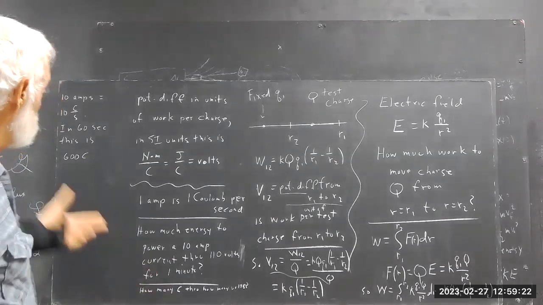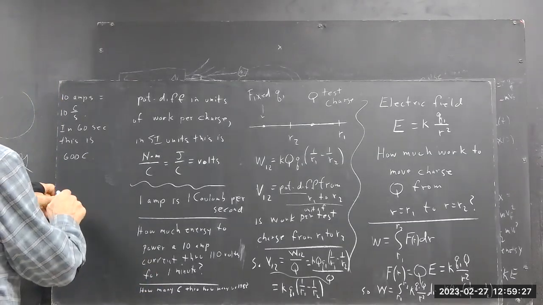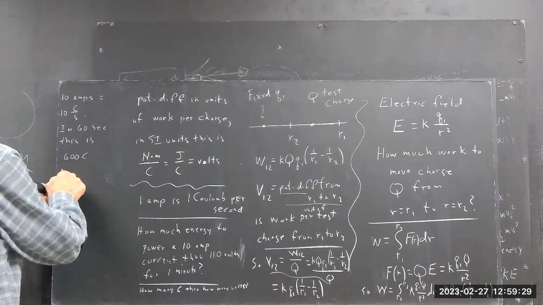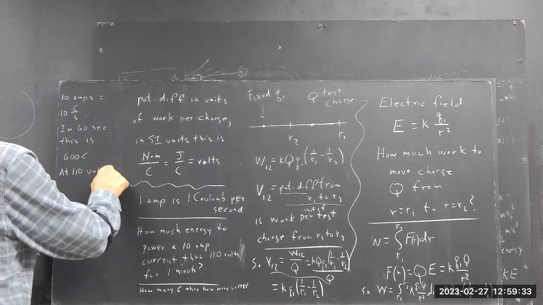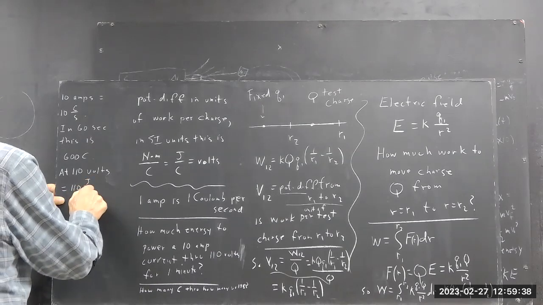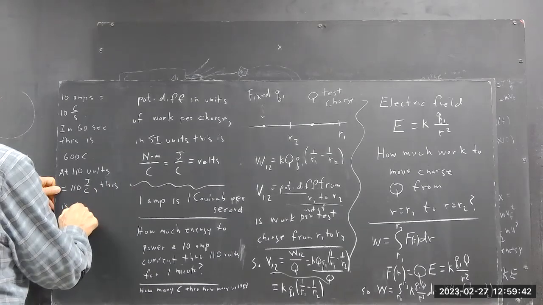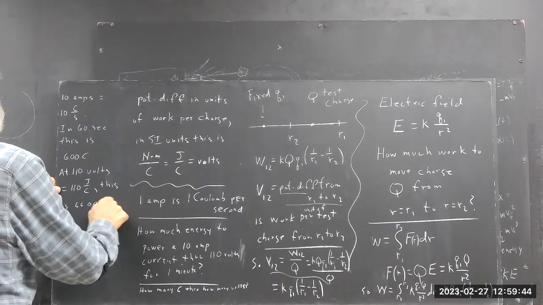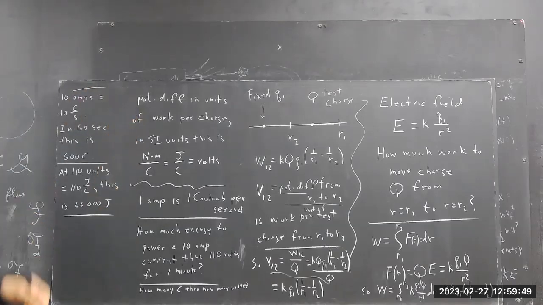Okay. 60 seconds, this is 600 coulombs. Okay. Got a lot of energy.